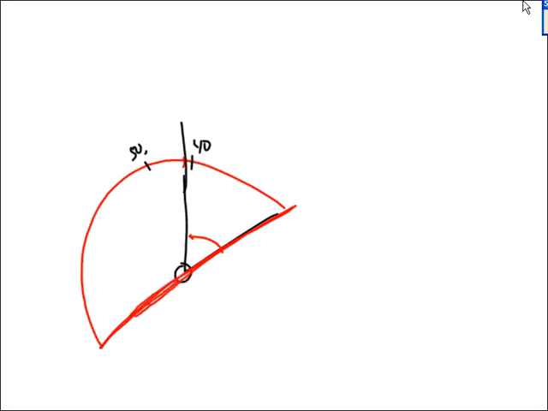Then how many ticks are there? Well, we have 40, 41, 42 is where we are, let's make believe. 43, 44, 45, 46, 47, 48, 49, 50. So that will be 42 degrees.